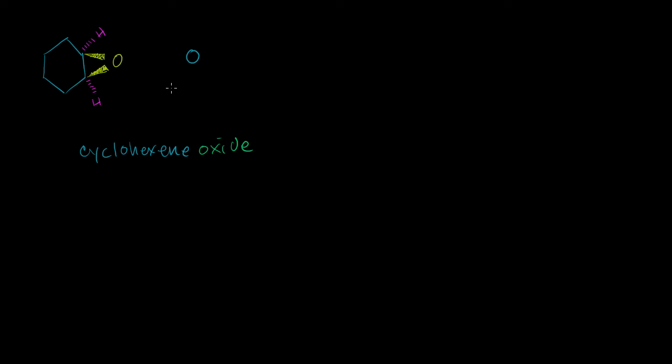This is water right here. Let me do it in a different color since I already used the blue for the cyclohexene oxide. But what happens to get hydronium is the oxygen in the water takes a proton from someplace else, from some acid, the acid catalyst in this case, and it would essentially give an electron to it.